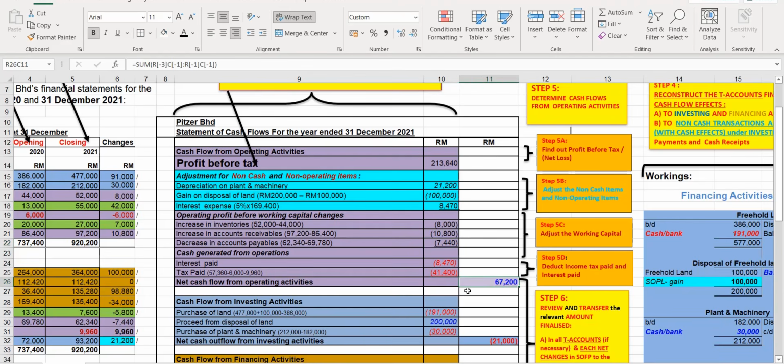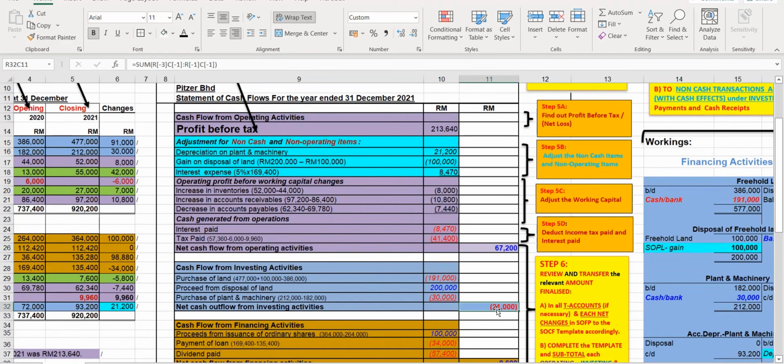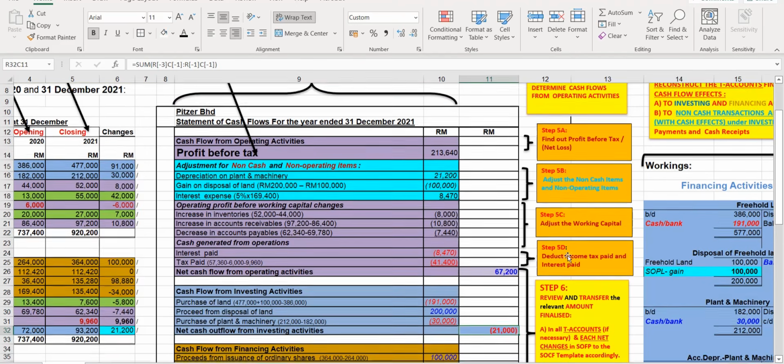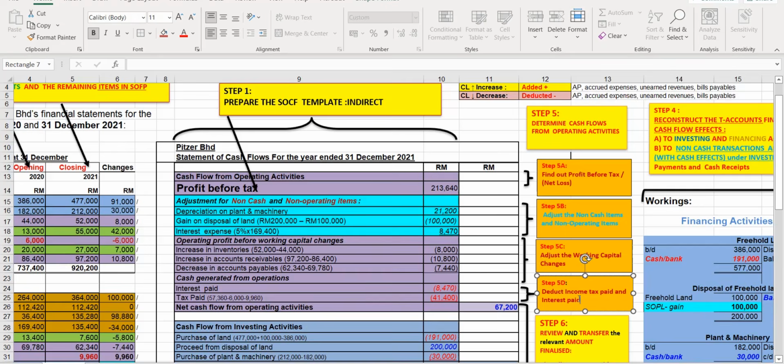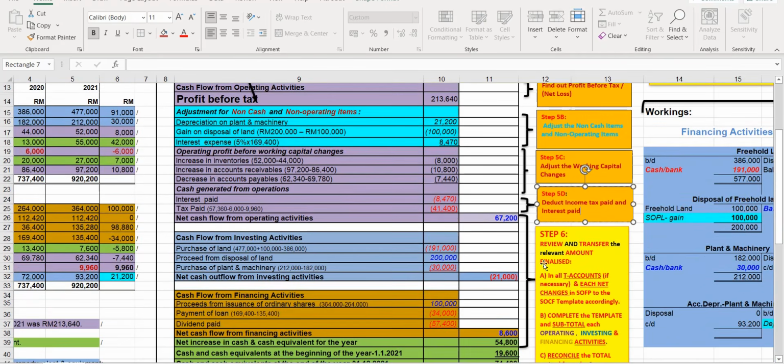You have 67,200. You can add up with this. So this is step 5. We are doing step 5 just now, which is to find out the cash flow from operating activities. You have found out the profit before tax earlier. You have adjusted the non-cash and non-operating items. You have adjusted the working capital changes here. And you also have adjusted the income tax paid and interest paid.